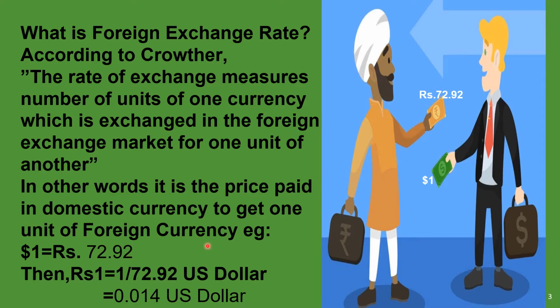So in the example, to get $1, we have to pay rupees 72.92. If conversely we want to find out the value of the Indian rupee, then we have to take 72.92 the other side. So it's 1 upon 72.92, and what we get is 0.014 US dollars.